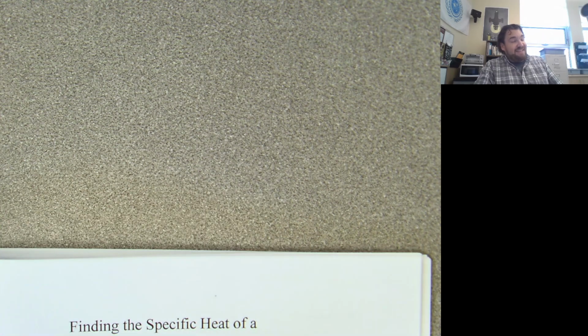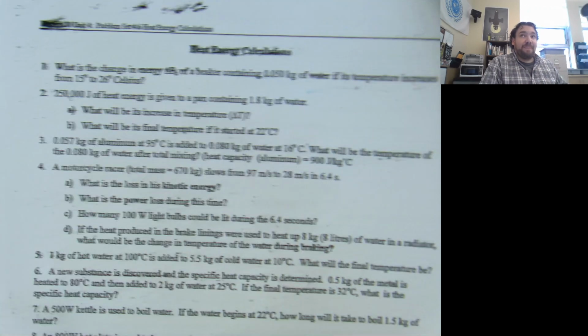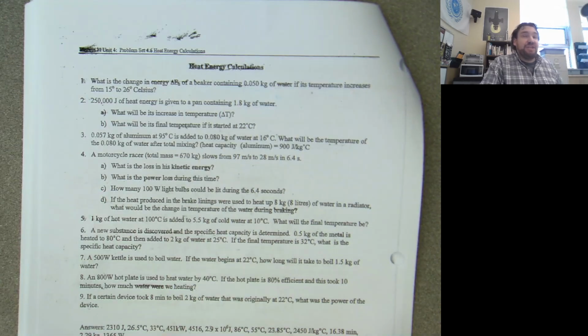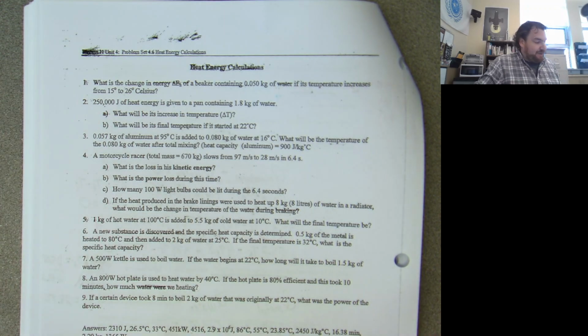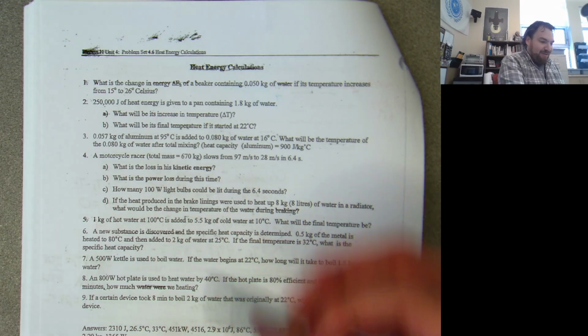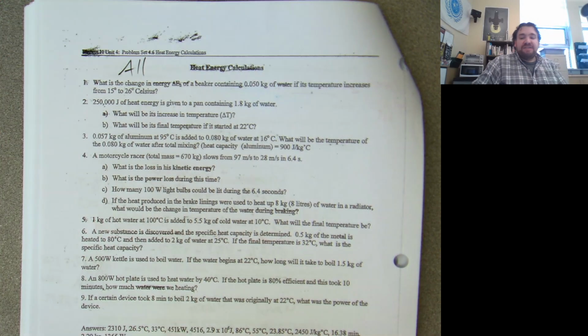My apologies. Okay, so this is the last little piece of Physics 11 from me. I would like you to play with these two methods of heating things up. There are 9 questions here. I want you to do all of them. Some of them are going to be heating things using power sources.